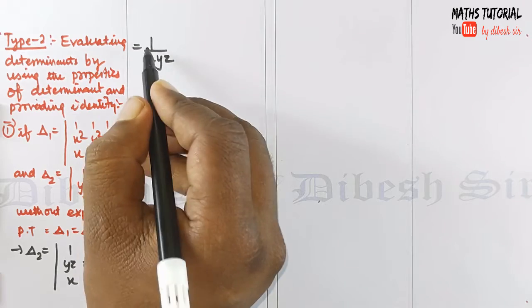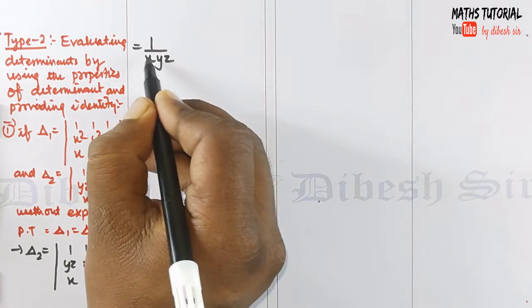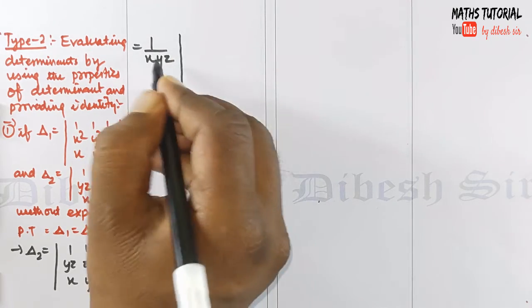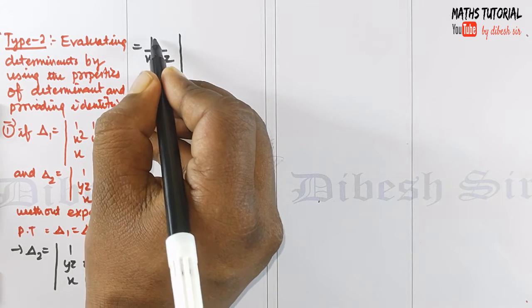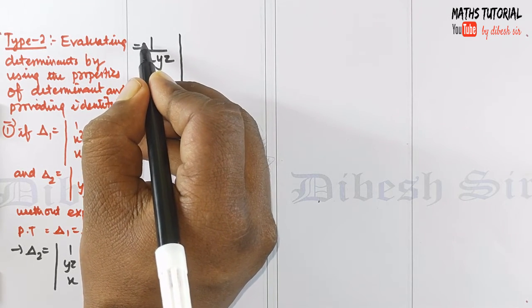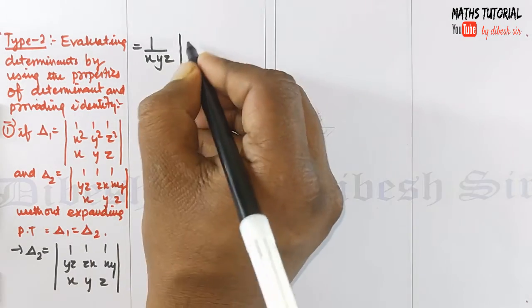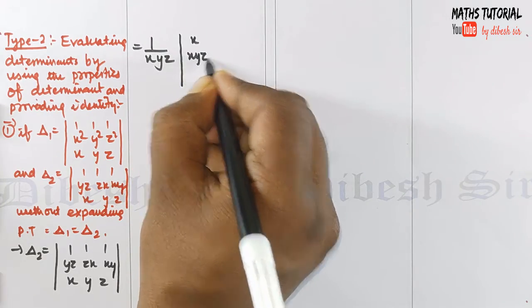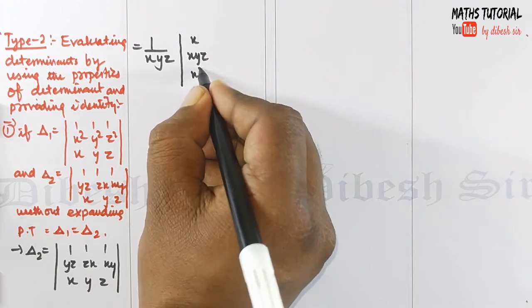Remember that it is a trick. To multiply anything we have to divide that thing. Remember that. So we have already divided by xyz, so it means here also xyz, but multiply that x with the first column. You will get 1 into x, 1 into yz, that is xyz, 1 into x into x, that is x square.